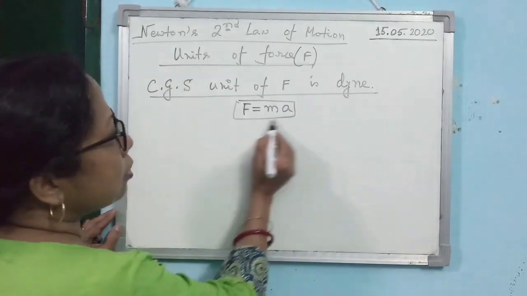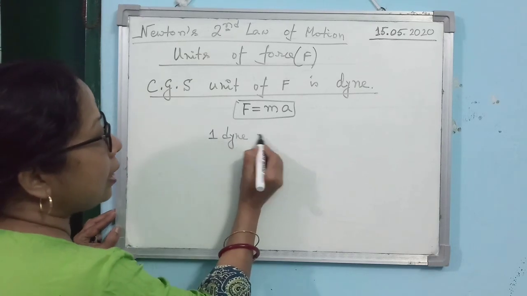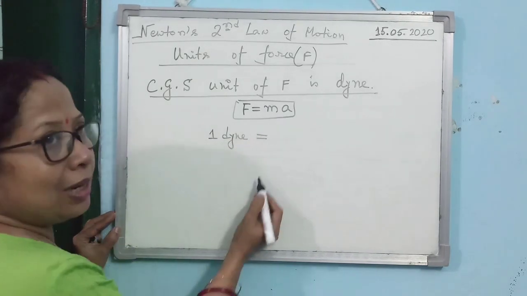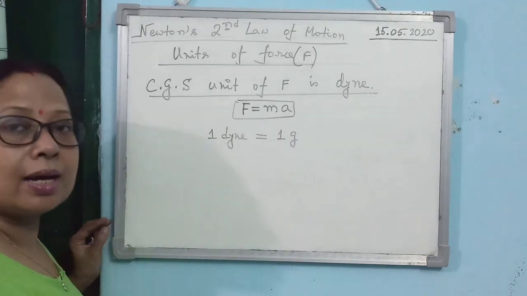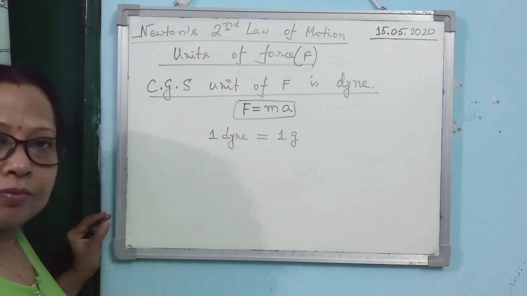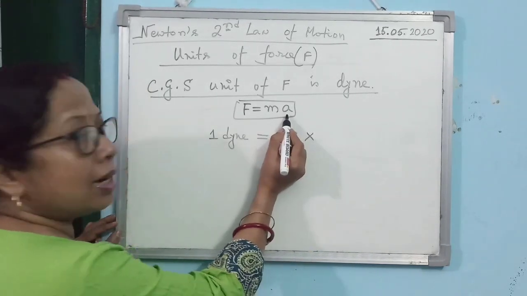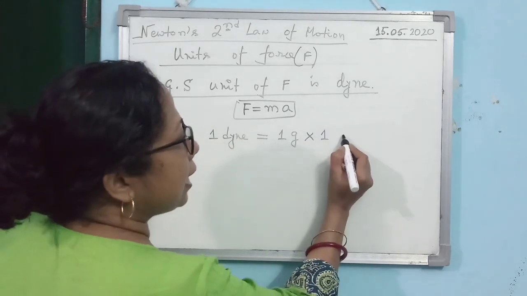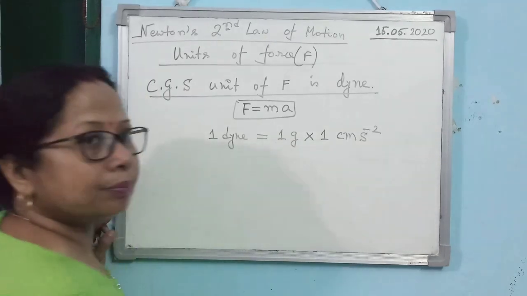So, according to this relation, you see, when F is 1 dyne, alright, then M will be 1, how much? Gram, because what is the CGS unit of mass? Gram, everybody knows. So, M will be 1 gram. Then what is the CGS unit of acceleration? 1 centimeter per second square. Alright.